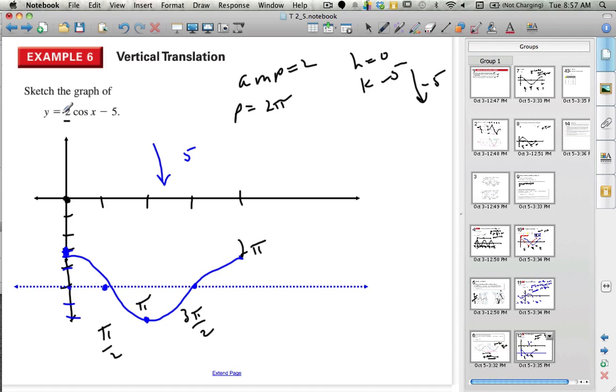Otherwise, if I just graphed y equals 2 times the cosine of x, that would have been here. This would have been the parent function, y equals 2 cosine x. But when you add in the minus 5, it takes everything and moves it down 5.